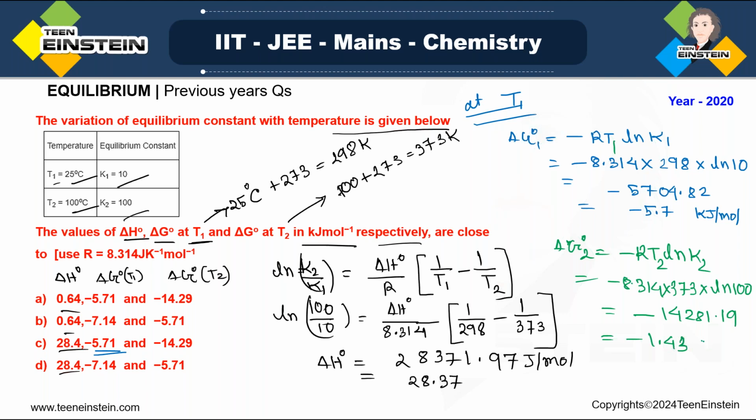So it will be 14281.19. I have written it wrong. Should be 14.28. So it is also matching with the last one. So option C should be the correct option. Okay.